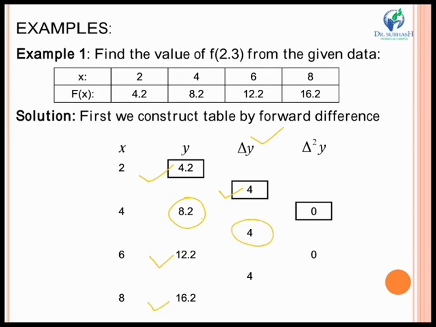Again 16.2 minus 12.2, that is 4. In every table whichever you construct, you have to do second term minus first term always. Okay, now next, delta square. Again 4 minus 4, 0. 4 minus 4, that is again 0. So both the values are 0. Okay, so we don't need to go forward towards the delta cube.